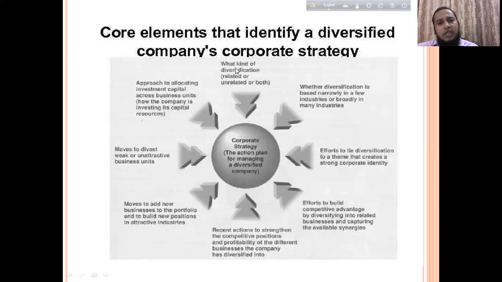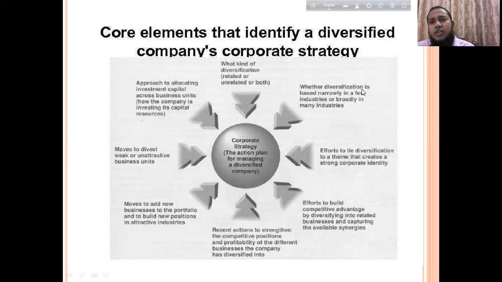Firstly, in order to develop corporate strategy for a diversified company, there are things that the top level management needs to consider. Firstly, what kind of diversification: related, unrelated or both. What type of diversification the company will bring, whether they will expand their business into related or unrelated industries or businesses.